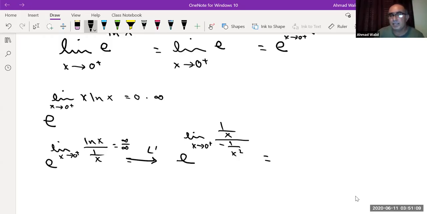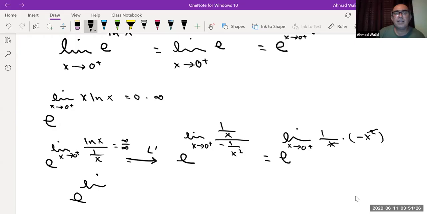Simplify, it gives you e to the power of limit as x approaches 0 from the right of 1 over x times negative x squared. Cancel out the x, it gives you e to the power of limit as x approaches 0 from the right of negative x. Plug in 0 here, it gives you e to the power of 0, which is what? 1.